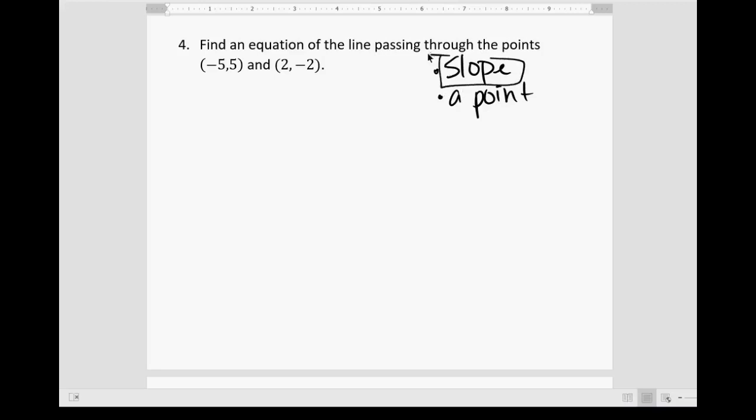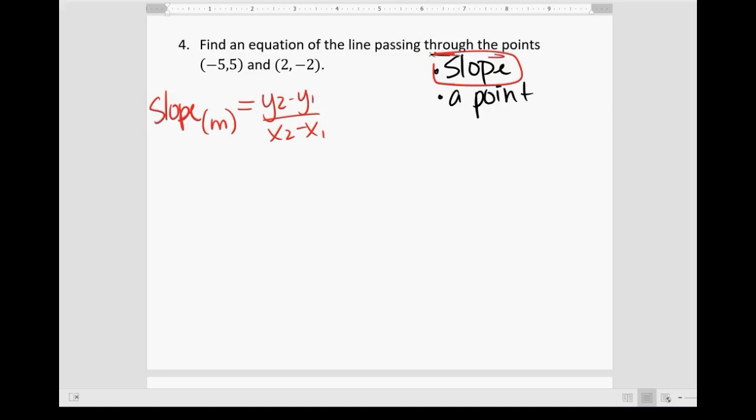In order for us to get the slope, we're going to have to use the slope formula. That slope formula, we say, is m equals (y2 minus y1) divided by (x2 minus x1). All that is, is you're subtracting your y values and then dividing by the difference of your x values.